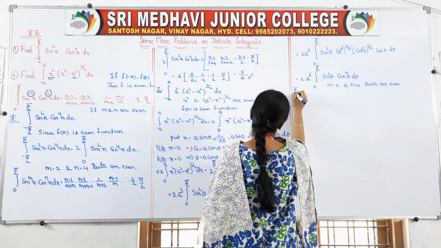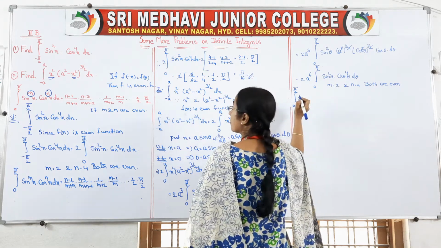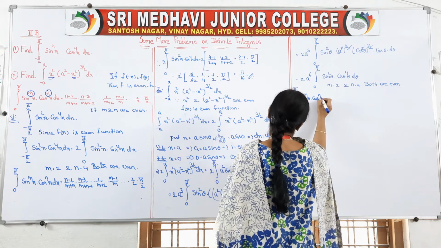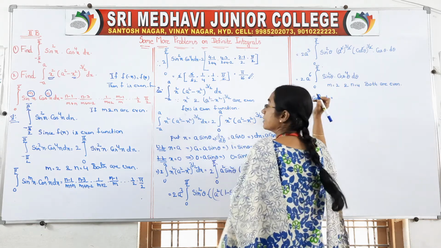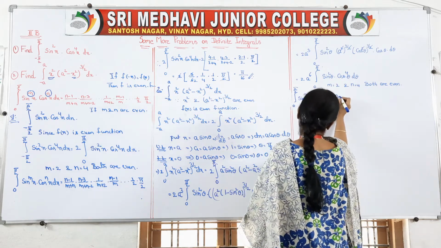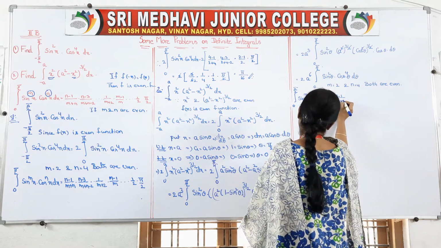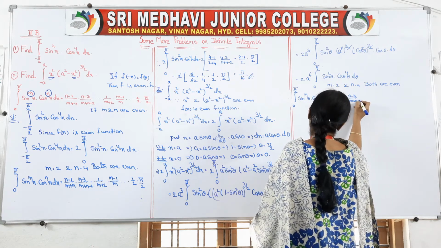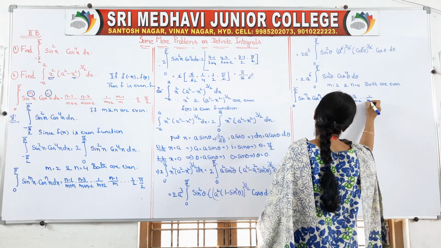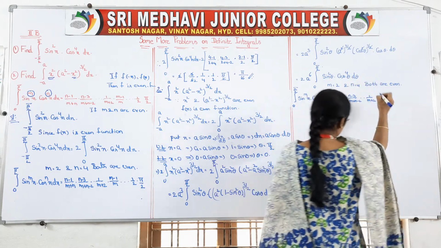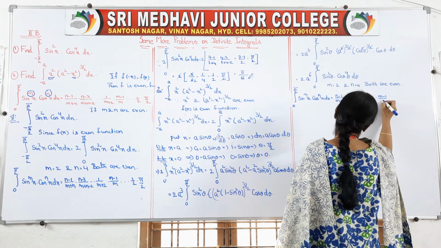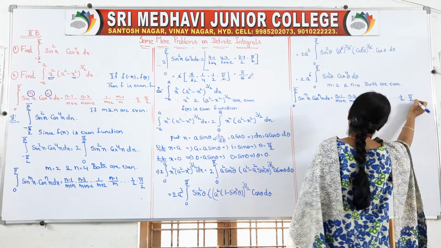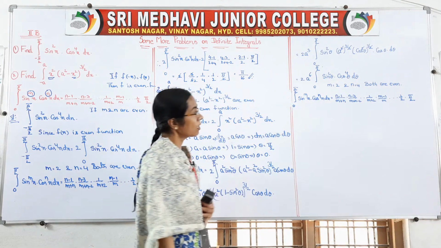Integral 0 to pi by 2 sin to the power of m x into cos to the power of n x dx is equal to, what is that? (n minus 1) by (m plus n) times (n minus 3) by (m plus n minus 2) till 1 by (m plus 2). After that we have to start with (m minus 1) by m till 1 by 2 into pi by 2. Okay, so this is the formula.